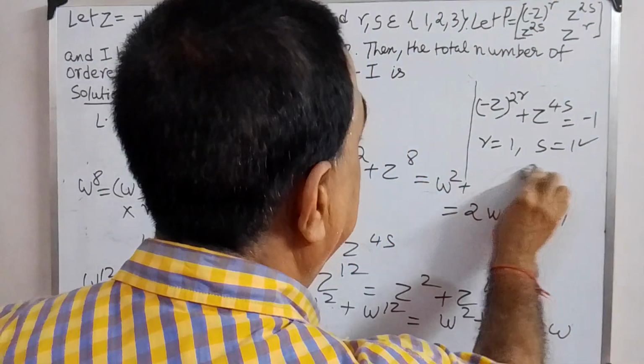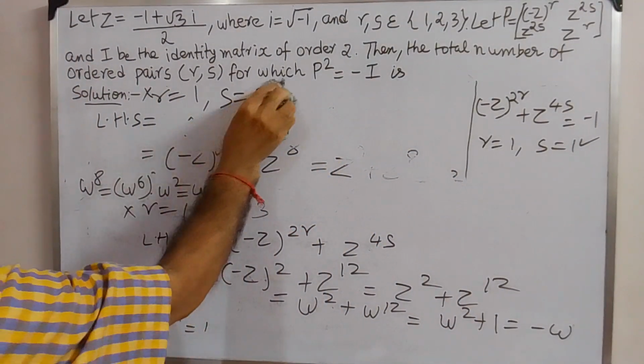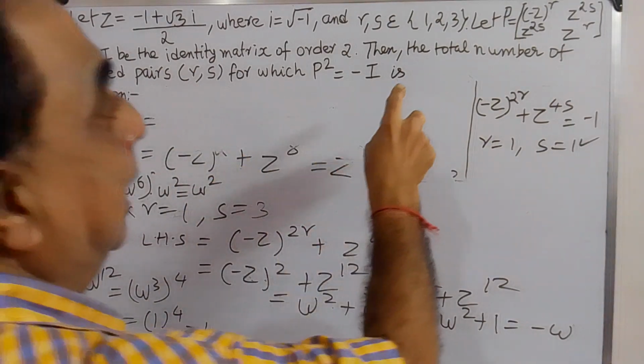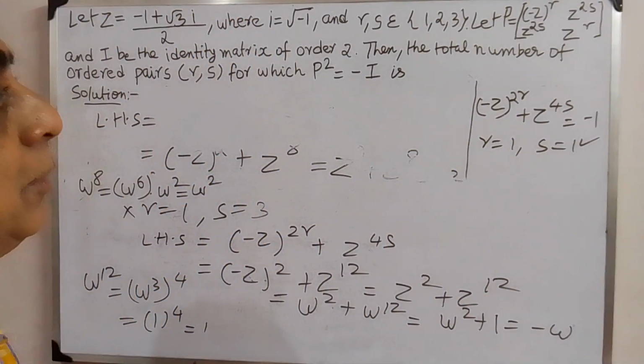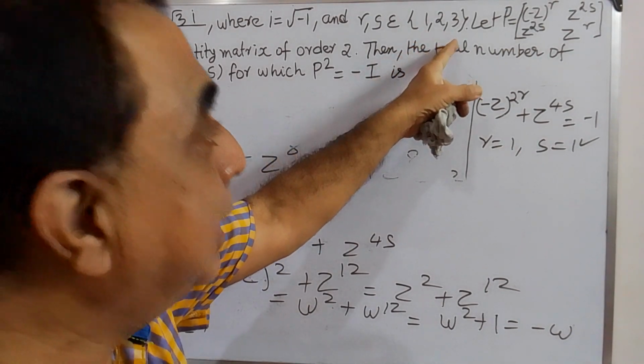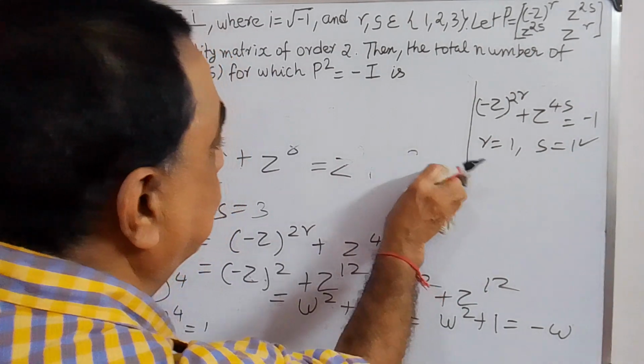Now we will check the other options. Now we will check r equals 3 with s equals 1, 2, 3.